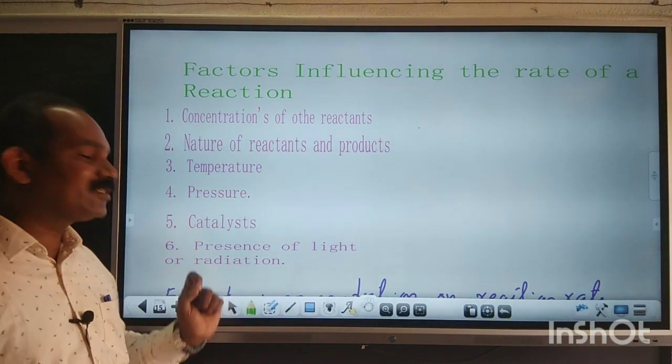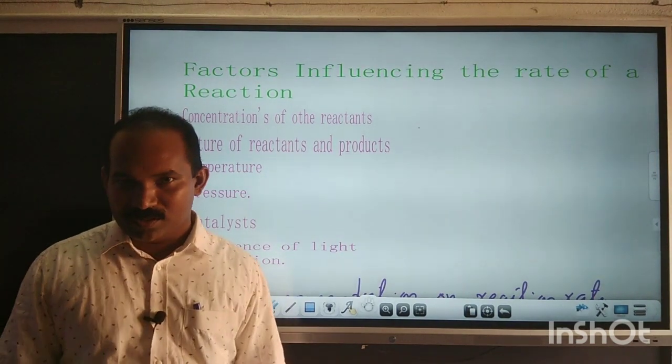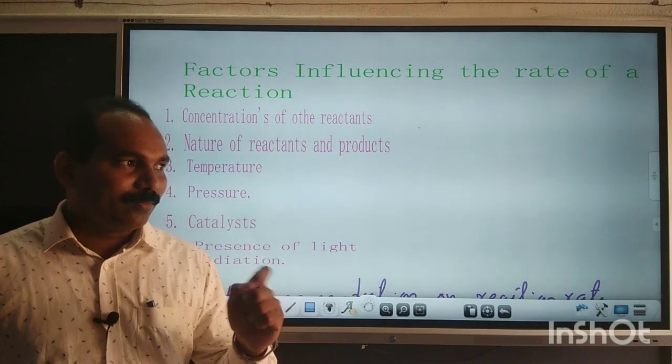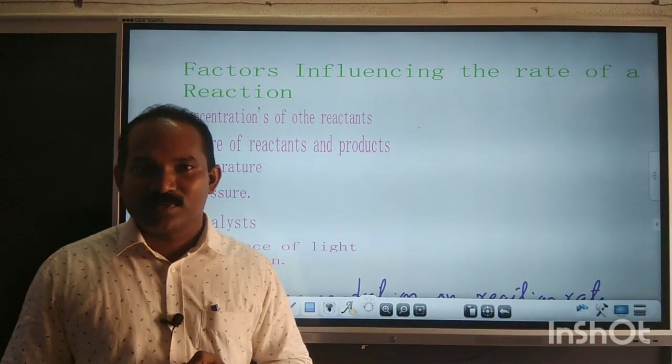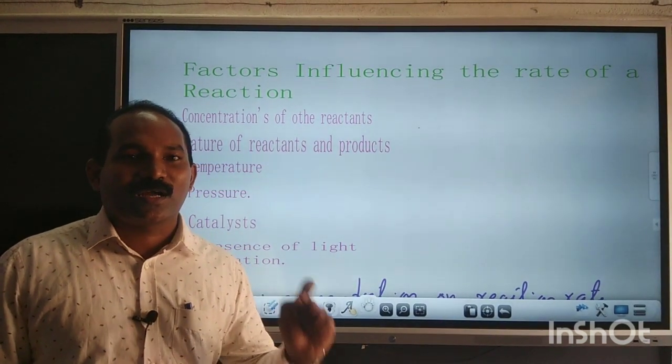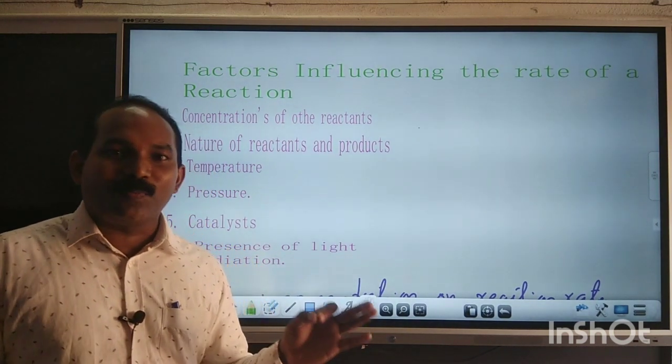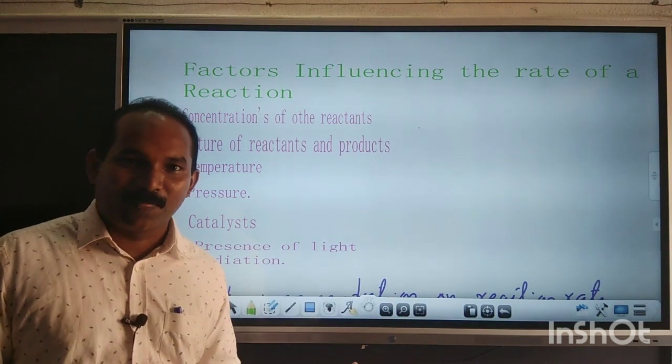But light affects reactions. I think we have seen bottles of medicines kept in dark and cool places, away from light. Why?